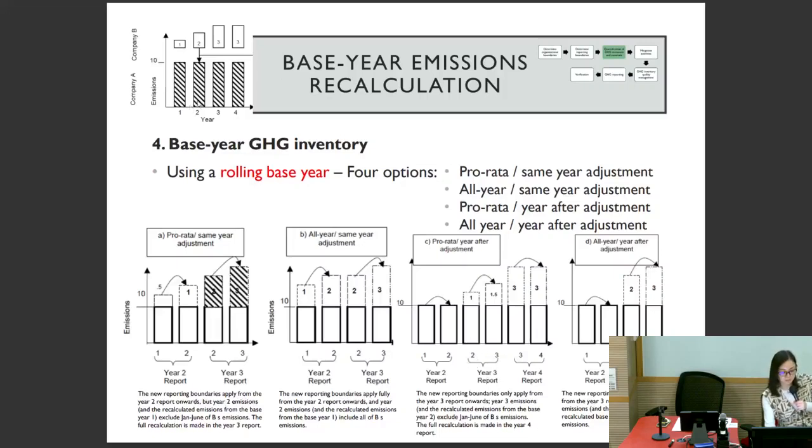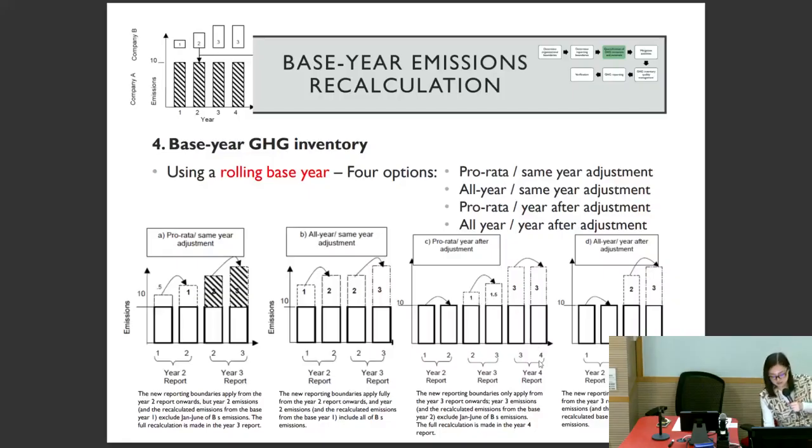So according to the base year, the acquisition happened in the middle. Then Company A should be responsible for 50% of the emissions. So here, 50% for the base year, and for year 3, also 50%. So 50%, 50%, adding 1, adding 1.5.